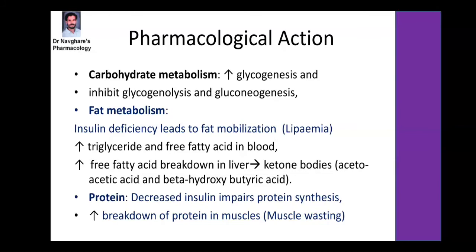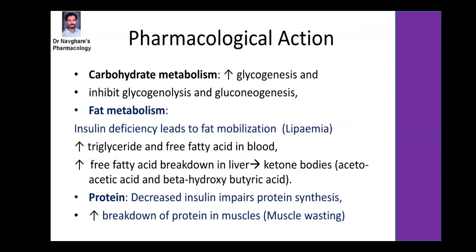On fat metabolism, insulin deficiency leads to breakdown of fat molecules for production of energy. Because of that, triglyceride and free fatty acid levels increase in blood. An increase in free fatty acids increases ketone body formation, and that further increases the load on the kidney.